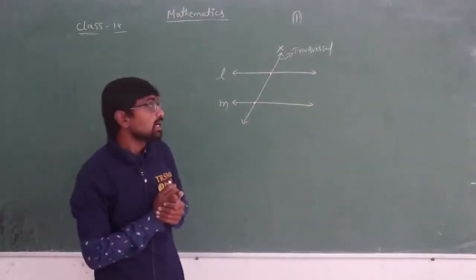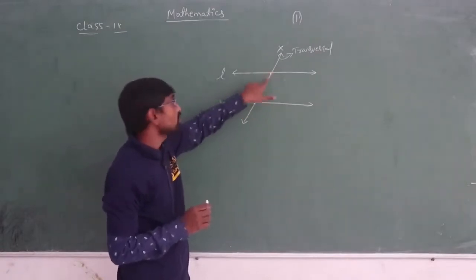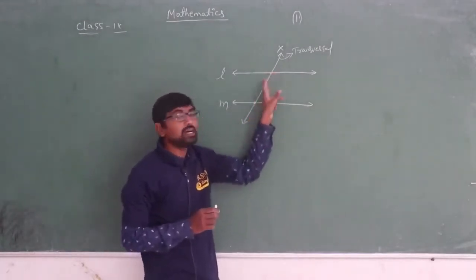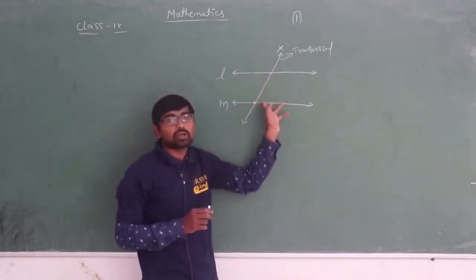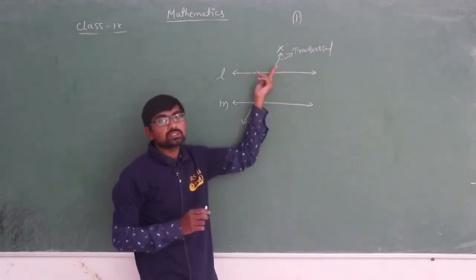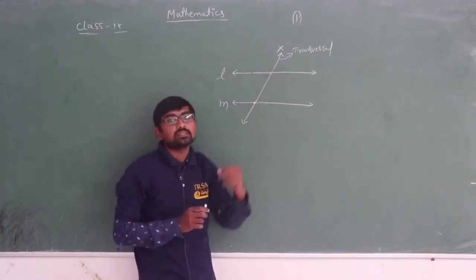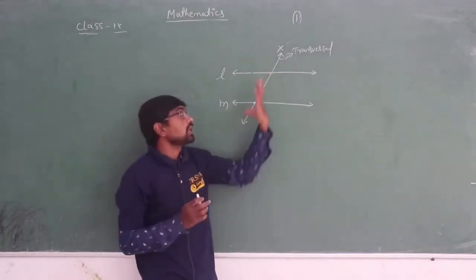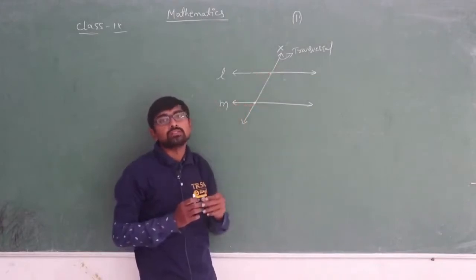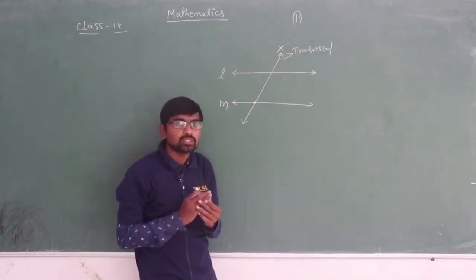It is cutting the two parallel lines at unique points. A line which touches the two parallel lines at unique points is called a transversal, or you can say a line which cuts two parallel lines at one point is called a transversal. Hope you all understood what a transversal is.